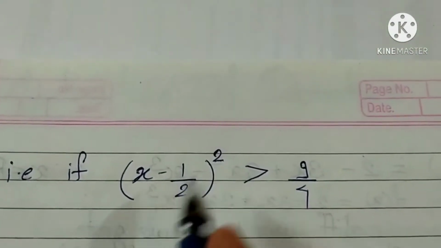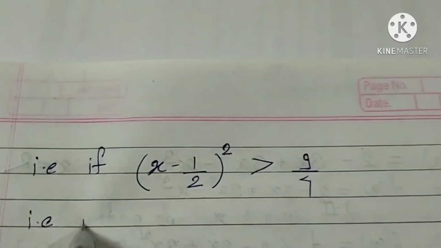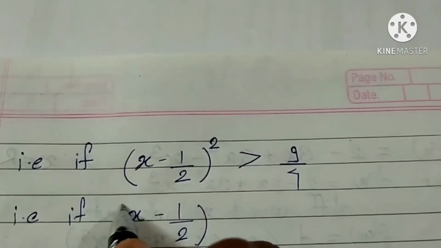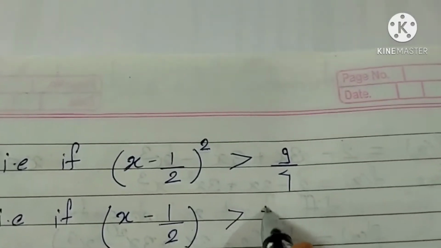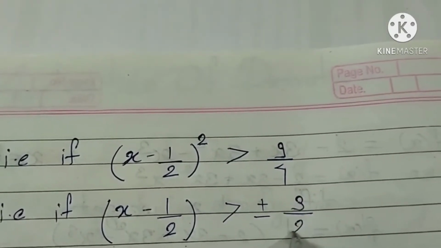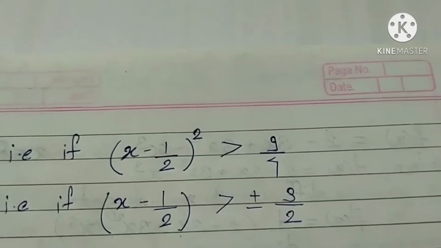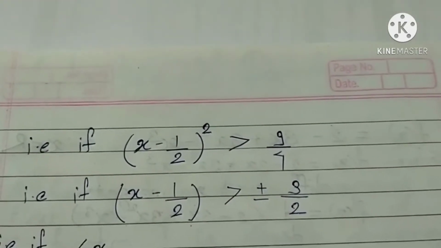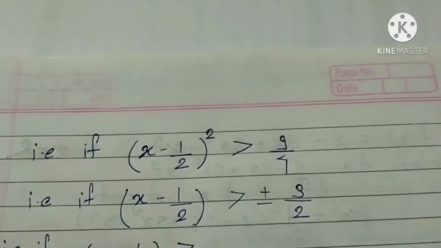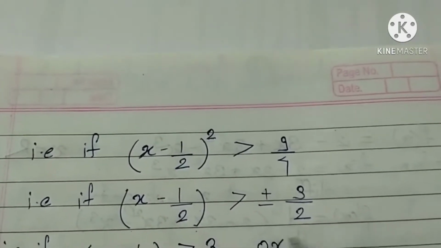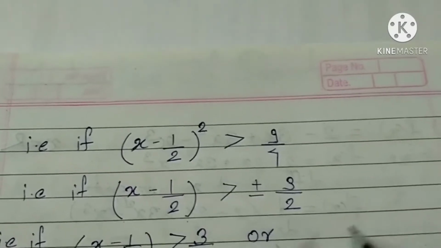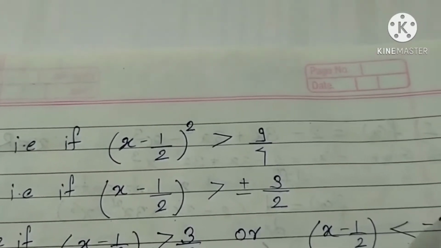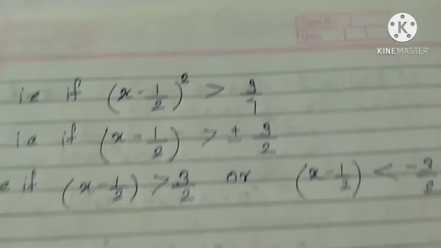Now take square root on both sides. So that is if when we take square root, so square gets cancelled, and here also we get plus minus 3 upon 2. Okay. Now we split it, that is if x minus 1 by 2 is greater than 3 by 2, or x minus 1 by 2 is less than minus 3 upon 2.